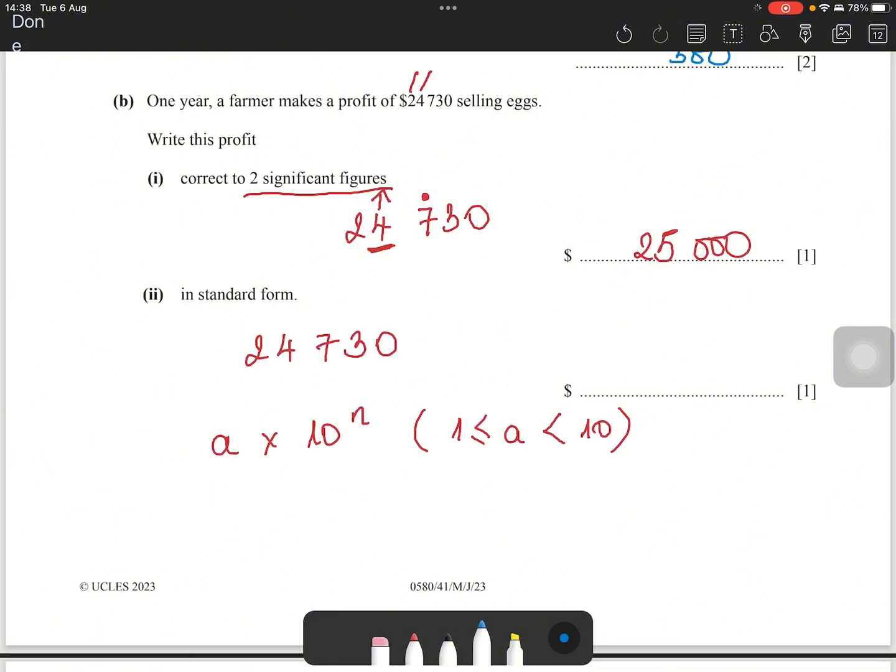So we'll check. At first, the decimal point is here. Then we move it to the left 1, 2, 3, and 4 times. So the answer is 2.473 multiplied by 10 to the power 4. Because we move the decimal point 4 times to the left.